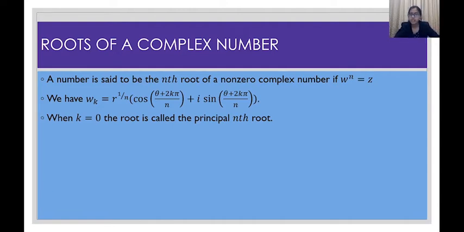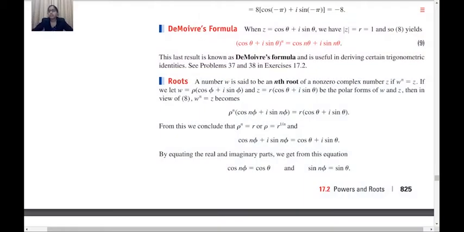It's not as such a proof, it is just how we can find the equation that we have just now stated. If you consider w to be the complex number rho into cos phi plus i sin phi, and z as r cos theta plus i sin theta, these are the polar forms of the numbers w and z.